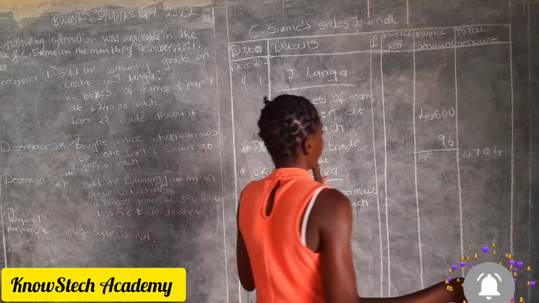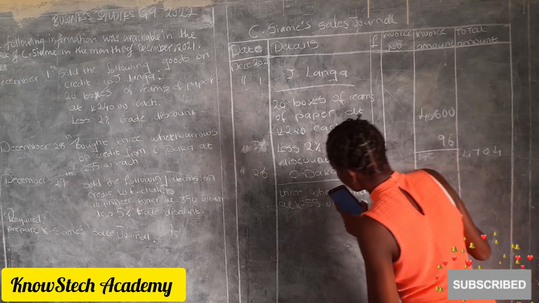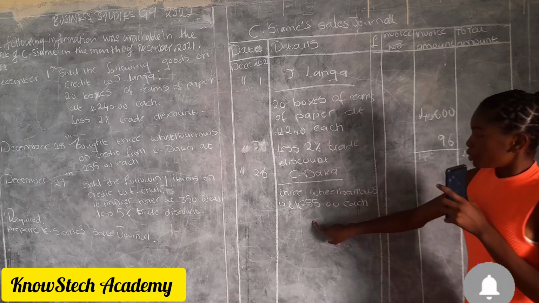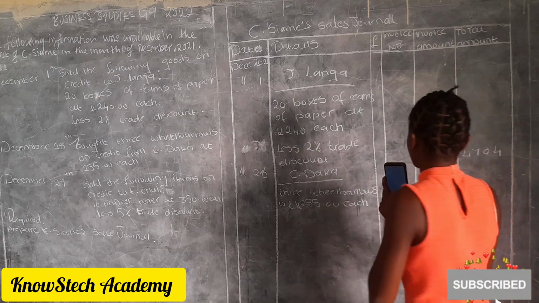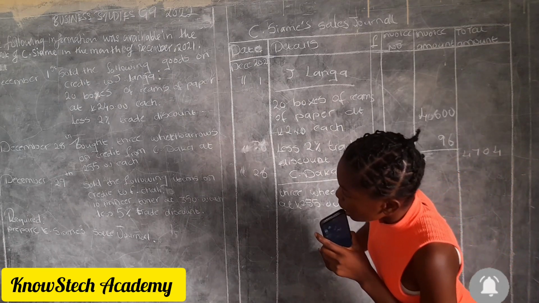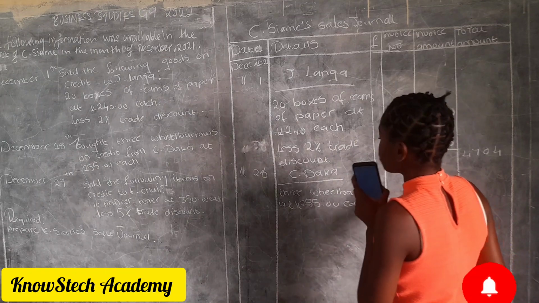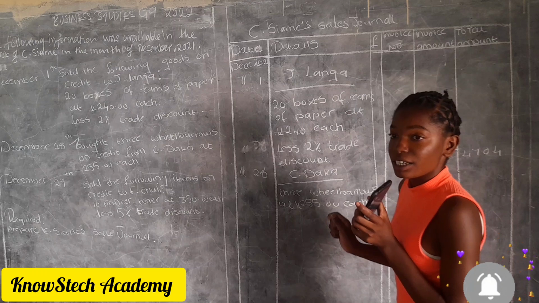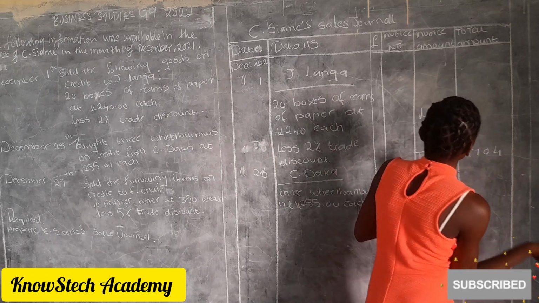Then we're going to multiply 255 times 3, which is 765. Since we do not have to subtract or add a discount, our 765 will go to the total amounts.